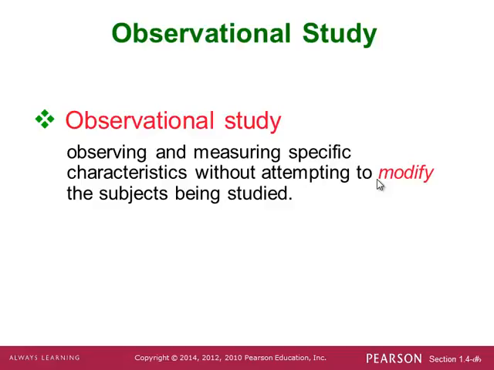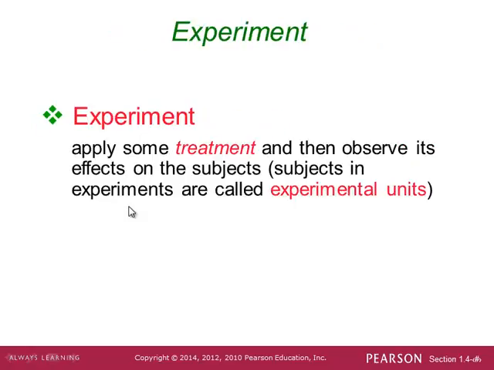You're just making an observation, asking a question, measuring some sort of result, but you're not actively modifying anything with the subject that you are studying. Versus an experiment, in which there is a treatment or maybe multiple treatments. Or if there is just one treatment, maybe there are many different levels of treatment. For example, different dosages of a medicine. And then, of course, for each level or for each treatment, you will measure the response, both individually and collectively for each treatment group.